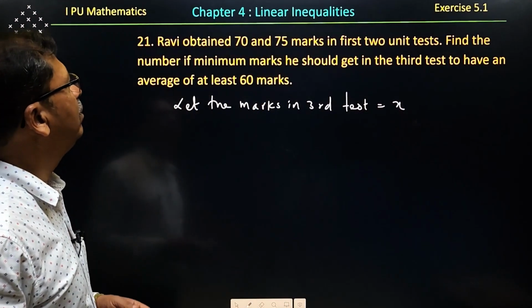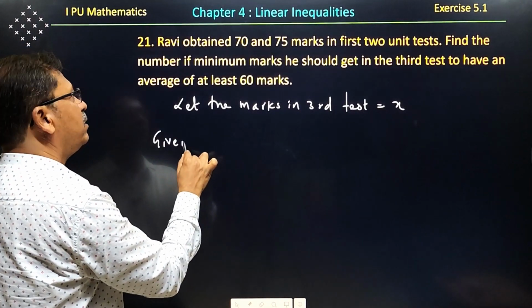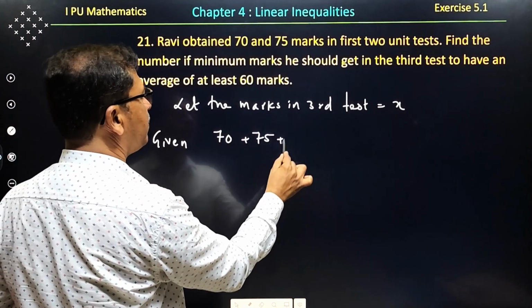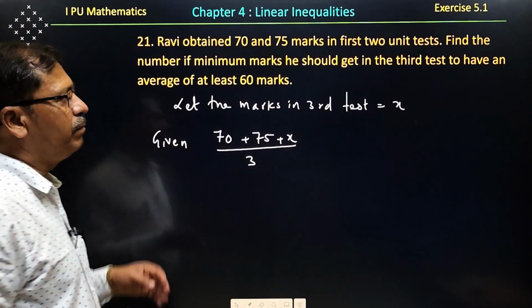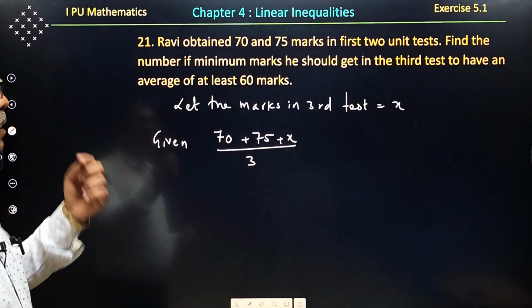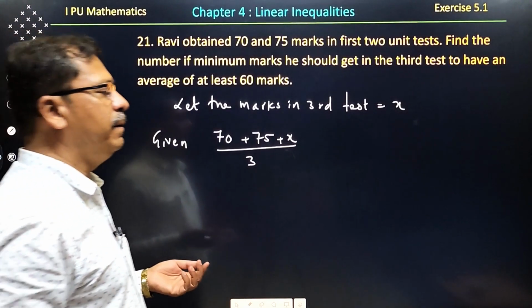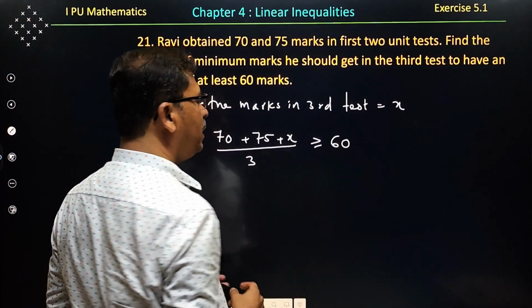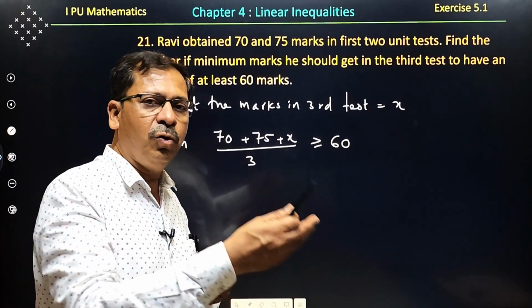It is given that 70 plus 75 plus x, divided by 3, since 3 tests are there, the average of these 3 must be at least 60. Means greater than or equal to 60. At least 60, 60 or more.